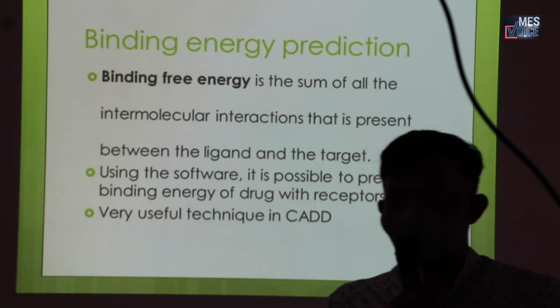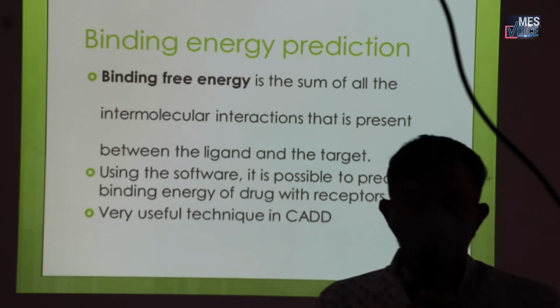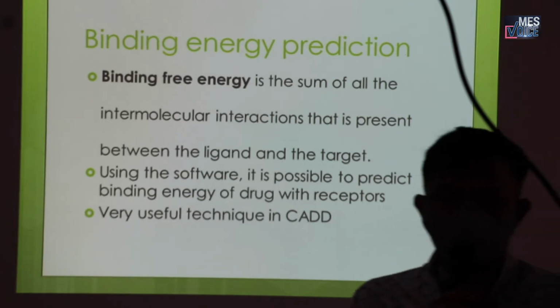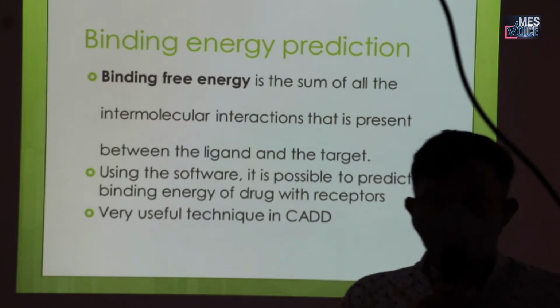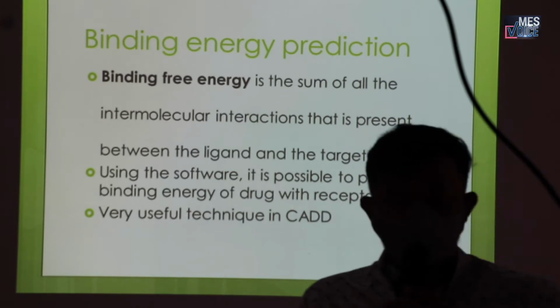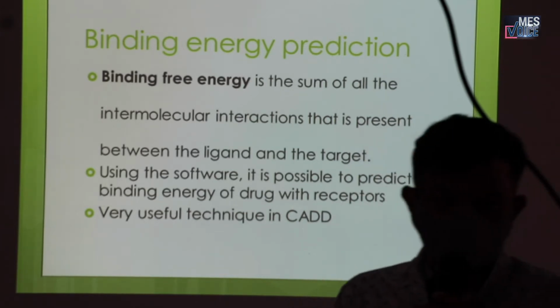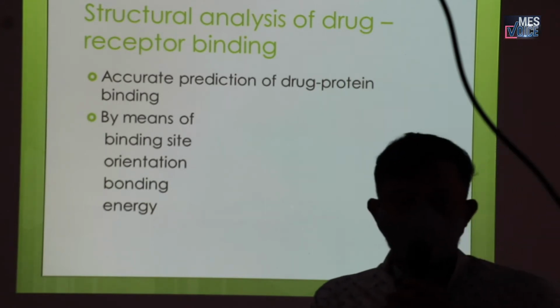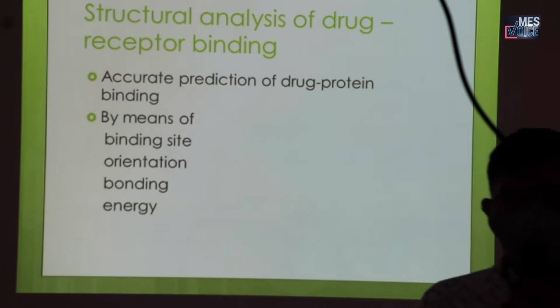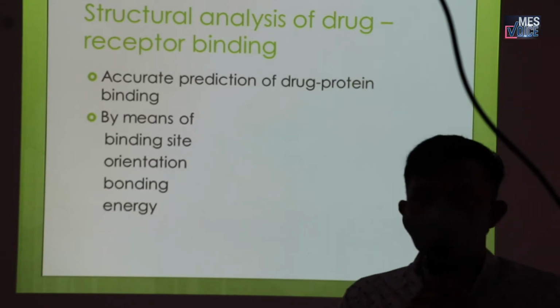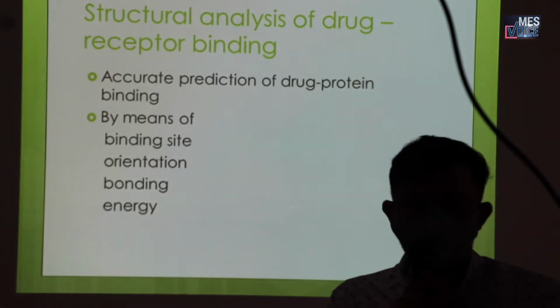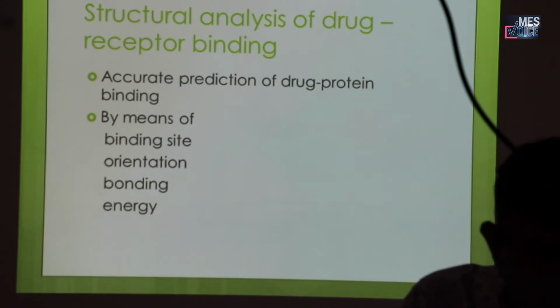Binding free energy is the sum of all the intermolecular interactions present between the ligand and the target. Using the software, it is possible to predict the binding energy of the drug with receptors. The analysis includes accurate prediction of drug-protein binding by means of binding sites, orientation of binding, bonding, and energy prediction.